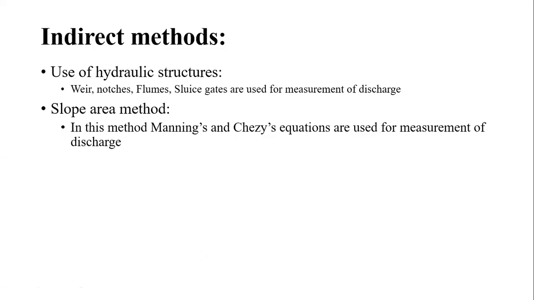For example, the Chezy's equation is V is equal to C root mi, or C root Ri, where R is the hydraulic radius and i is nothing but the channel bed slope. So by this Chezy's equation, by knowing the channel bed slope and cross-sectional parameters, we get the velocity, and then velocity multiplied by cross-sectional area gives the discharge.